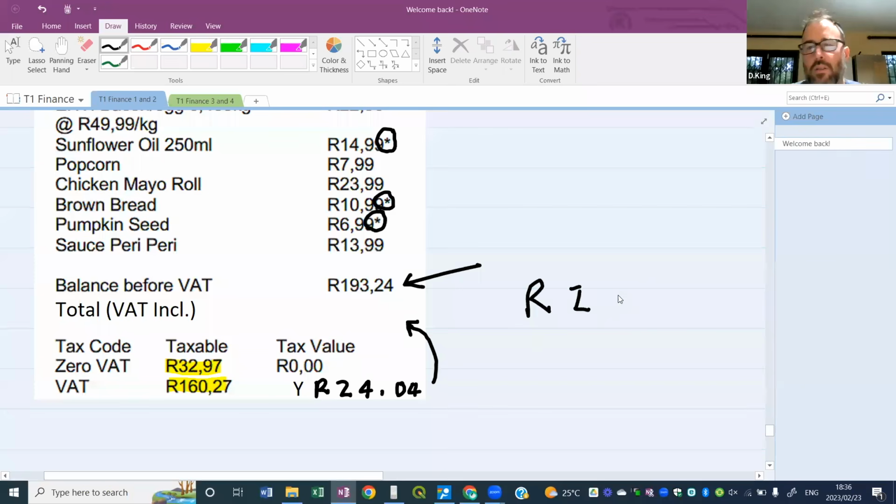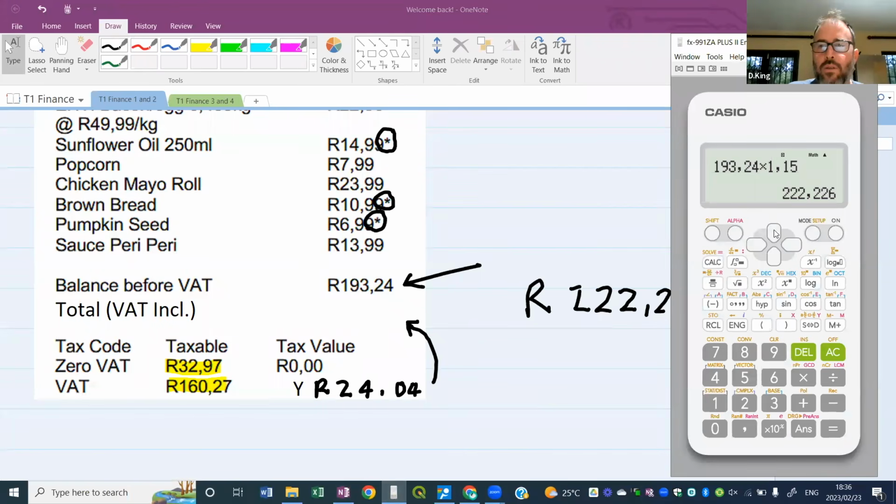Whoa, my twos are looking like Z's today. Guys, the struggle is real. 222 Rand and there we go, that's better. 23 cents. All right. Now, let's go back and find out what the original total was.